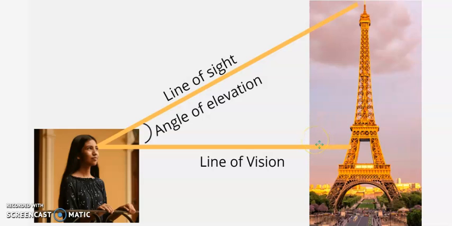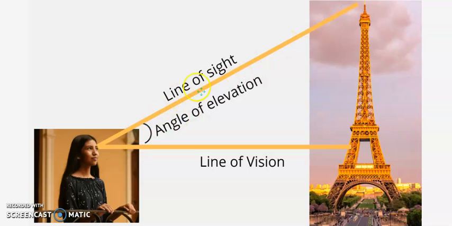So when you look above to any object, it can be to the clouds, to the ceiling fan, to the tower top, okay? Or you're standing on the road and looking at the terrace of your house. Similarly, this girl is looking at the top of the Eiffel Tower. So the line that is formed when she looks above, automatically your eyeballs move towards the upward direction.